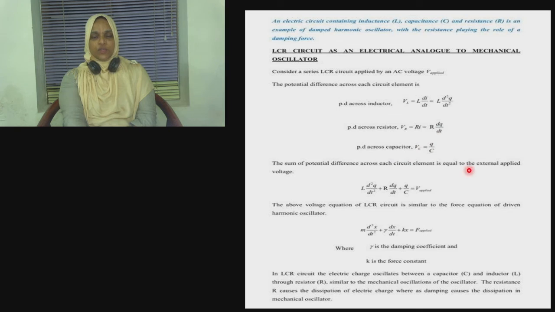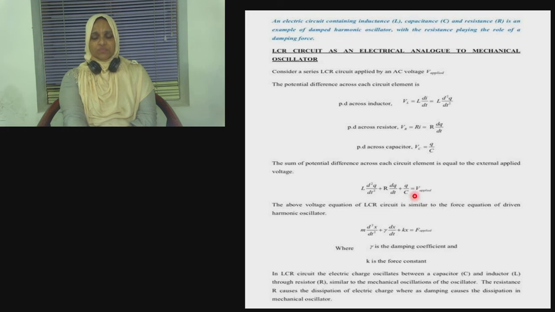So the sum of the potential differences across each circuit element will be equal to the externally applied voltage. That is, L into d square q by dt square plus R into dq by dt plus q by C will be equal to V applied, the externally applied voltage.